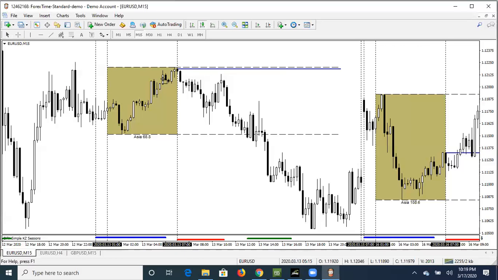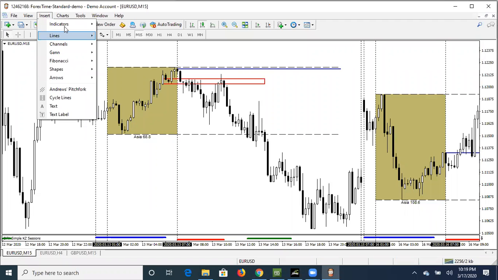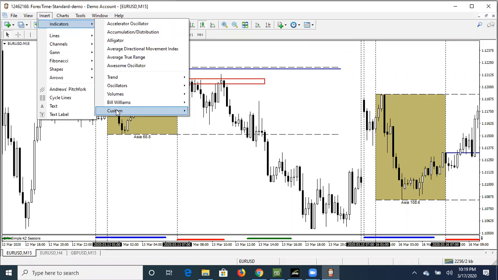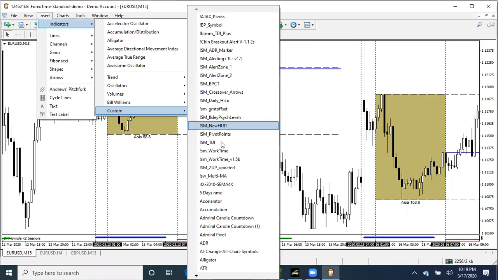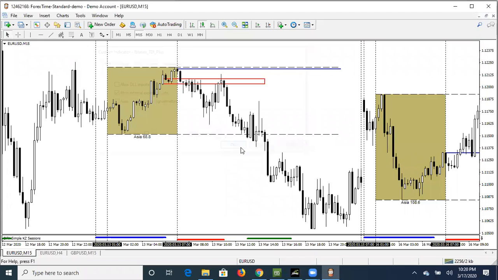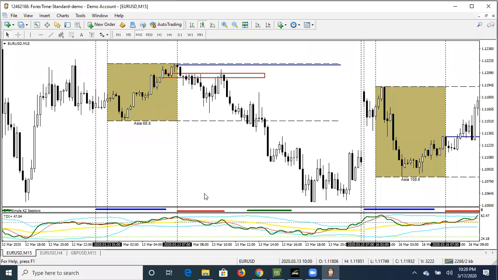You simply mark up that low. You would also have your TDI on the 15 minutes based on our strategy, right?